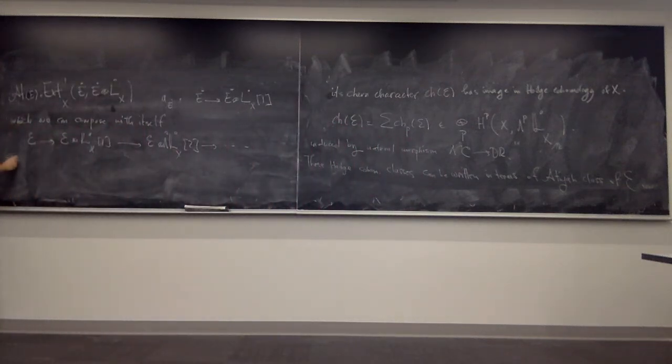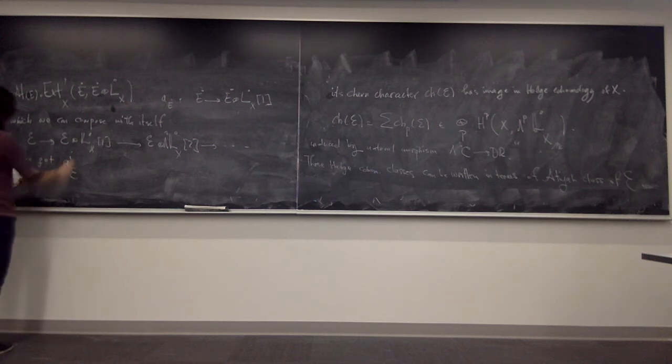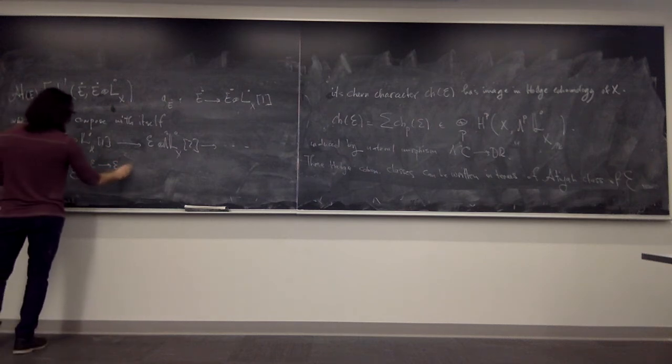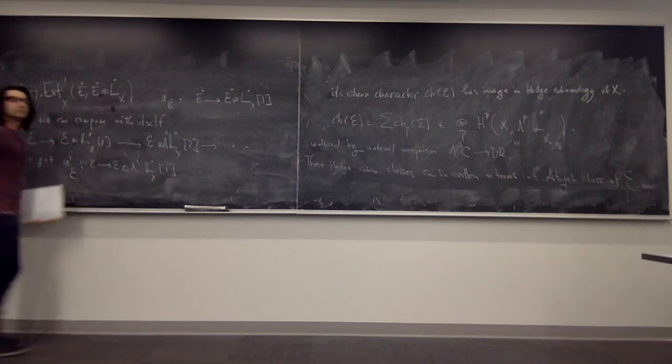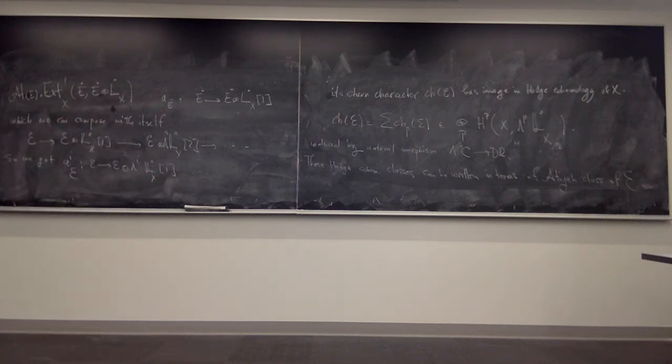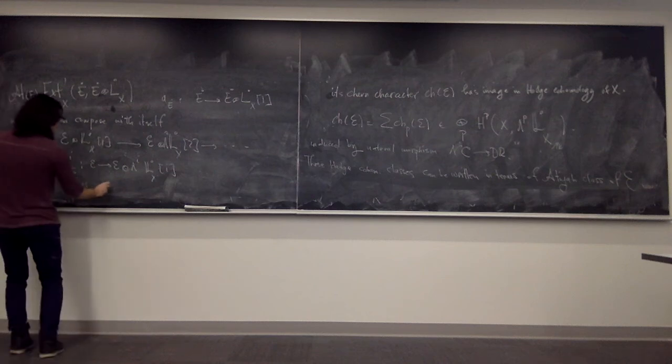So we get the composition of the ideal classes, which are given as morphisms from E to E tensor with the ith wedge product of L dot of x shifted by I. Okay? And now we can write this as a map.